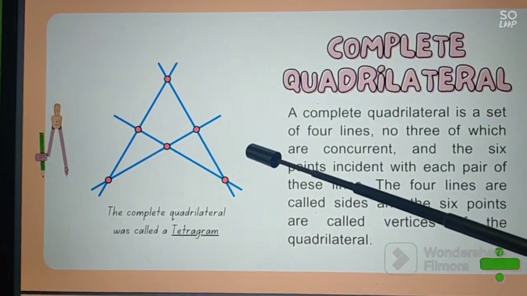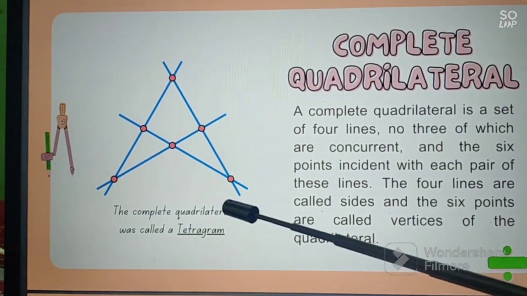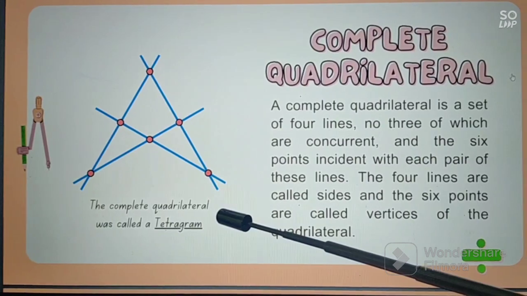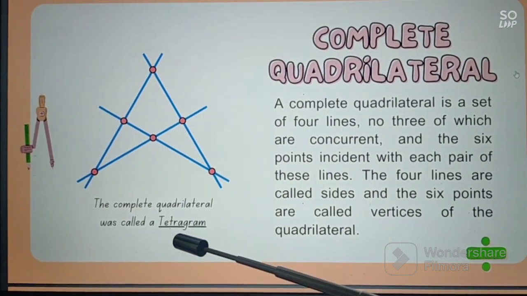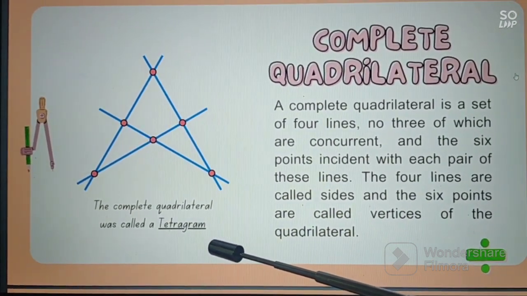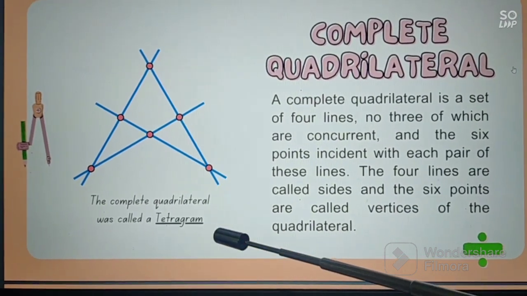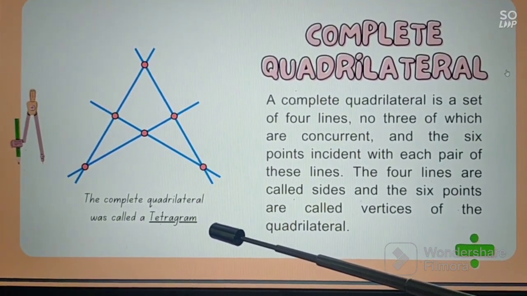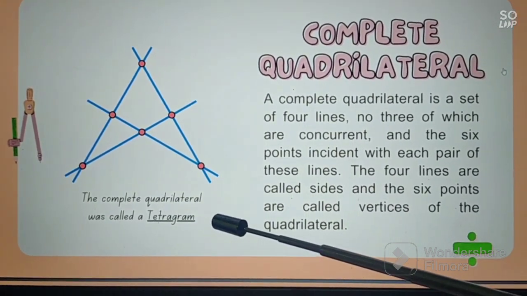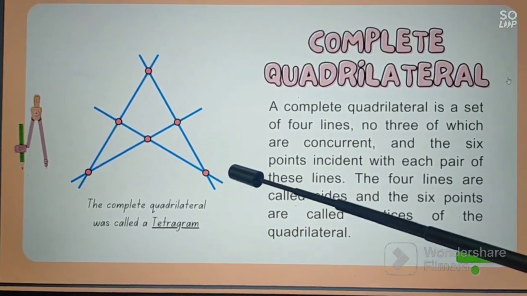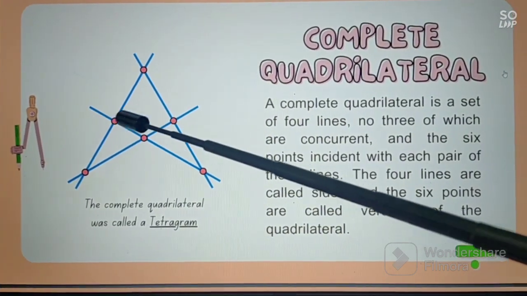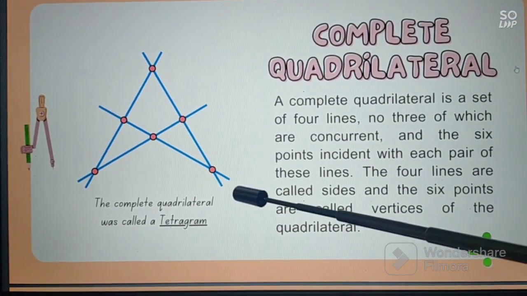This picture is the representation of a complete quadrilateral, which is called a tetragram, wherein there are 4 lines, no 3 of which are concurrent. A pair of lines in a point.